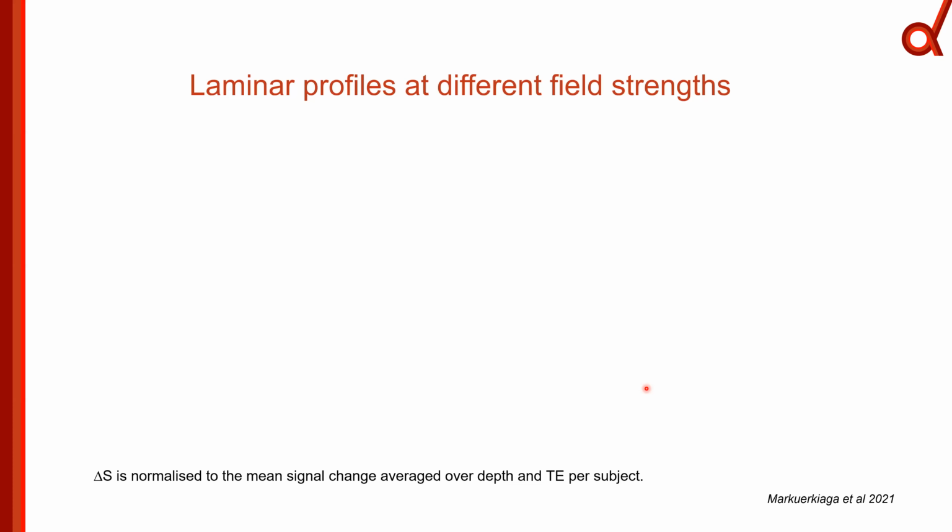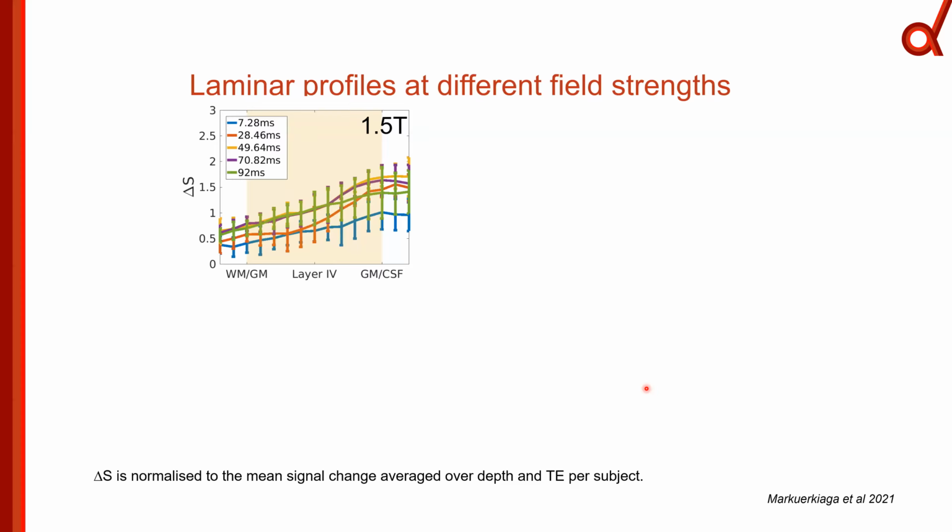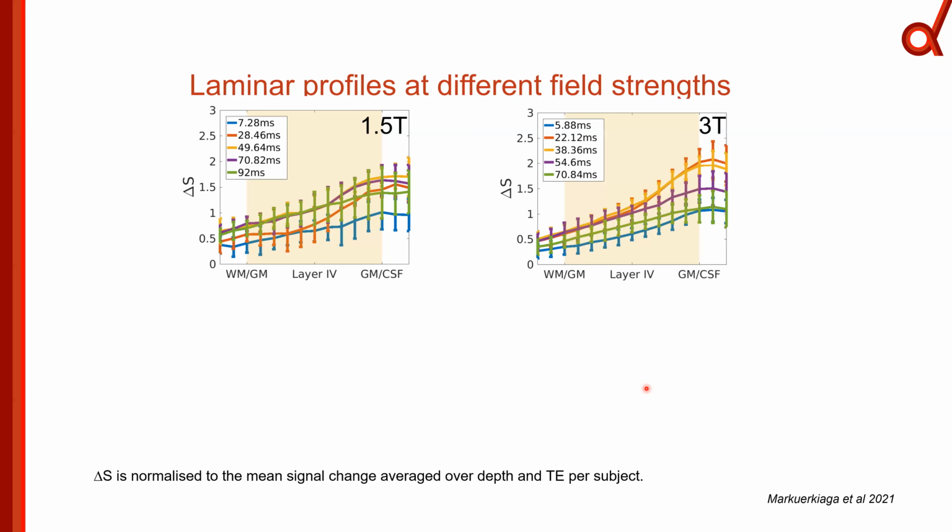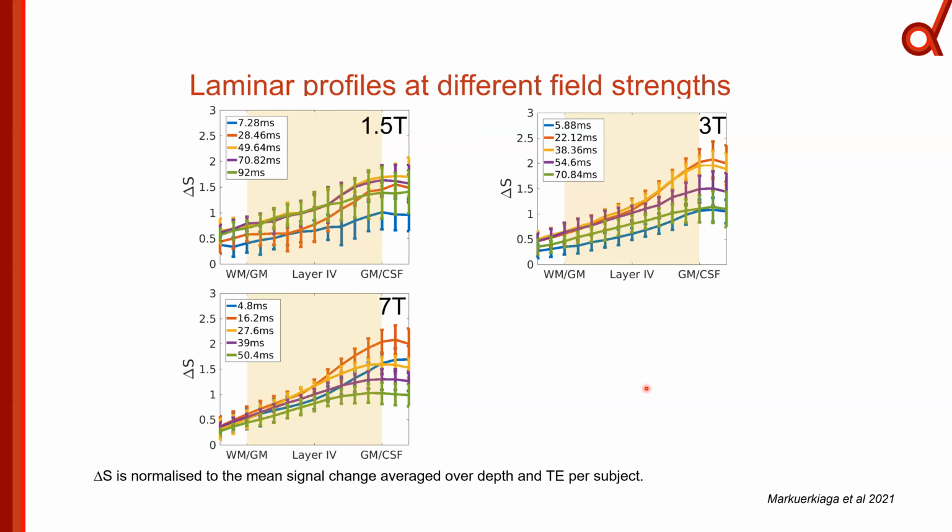Of course, we were doing 3 Tesla because we were rather cautious, and then the question arose with us, well, what do laminar profiles look like at different field strengths? And actually, back then we had a 1.5 Tesla, a 3 Tesla, and a 7 Tesla. And if we just look at straight activation profiles, you can see obviously the 7 Tesla is doing better, but the qualitative nature of the profiles is not changing very much between the field strengths.